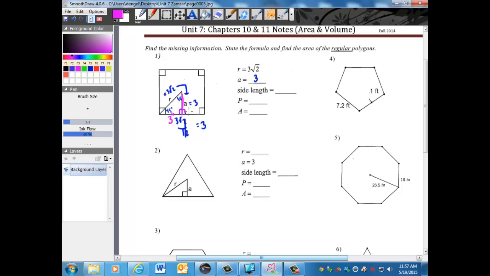So I'm going to put 2 marks and 2 marks. These two sides are the same. We have 3. And if this whole side length is 6 and we have a square, that means all these other sides are 6 as well. So our side length is 6. Our perimeter is going to be 24. The area is going to be 1/2 times apothem 3 multiplied by 24. And that gives us 36 units squared.